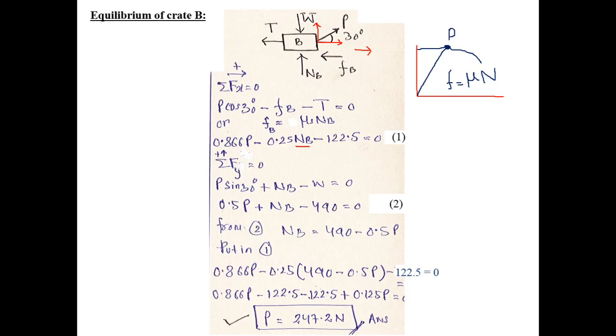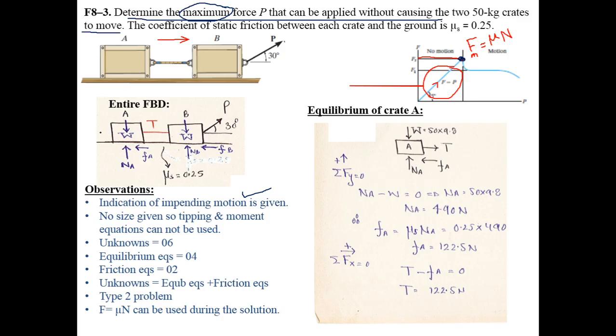So you see in the previous problem, this condition was not satisfied. Type 3 condition was not satisfied. Even if you split these two boxes, how many unknowns do you have? 1 2 3 4 5 6 unknowns, and you have two equilibrium equations for this block, one friction equation, and two equilibrium equations for this block, one friction equation.